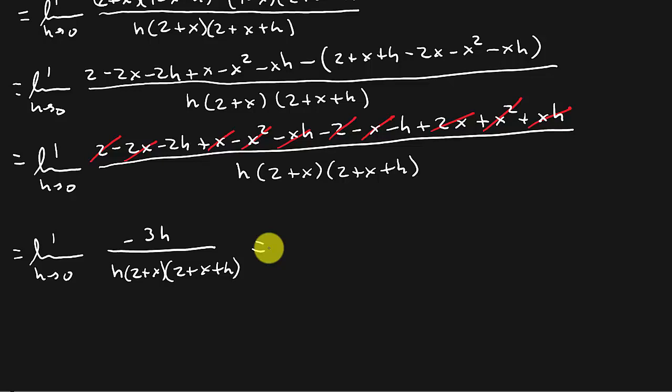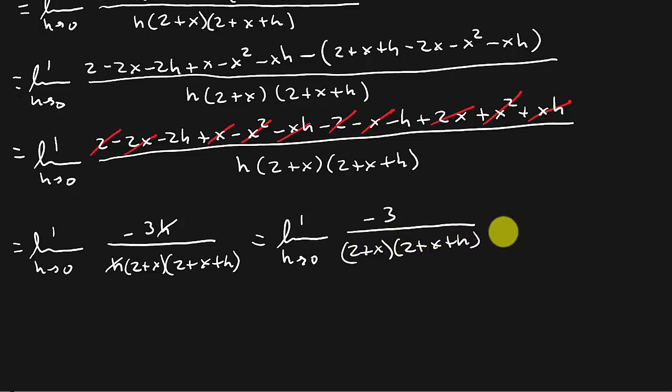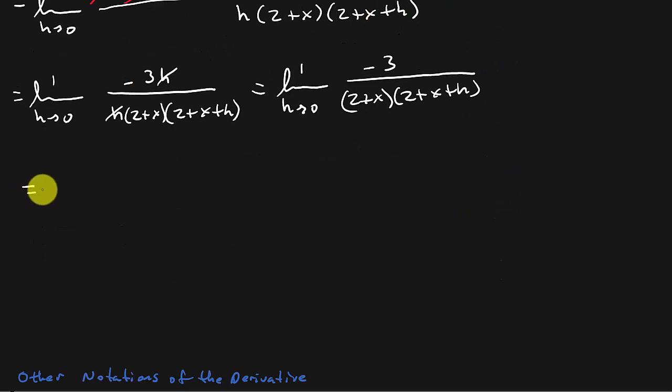All right. And so now you can see the h's cancel, and that's the limit as h goes to 0, and that's going to be negative 3 over 2 plus x times 2 plus x plus h. All right, and now we can plug the 0 in for h. I'm going to bring the negative out in front of the fraction bar.